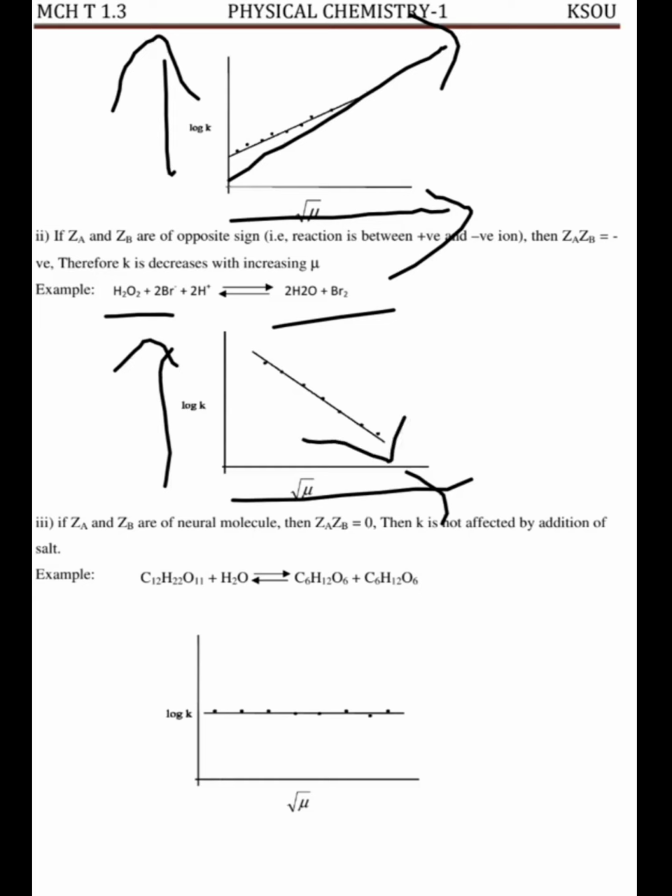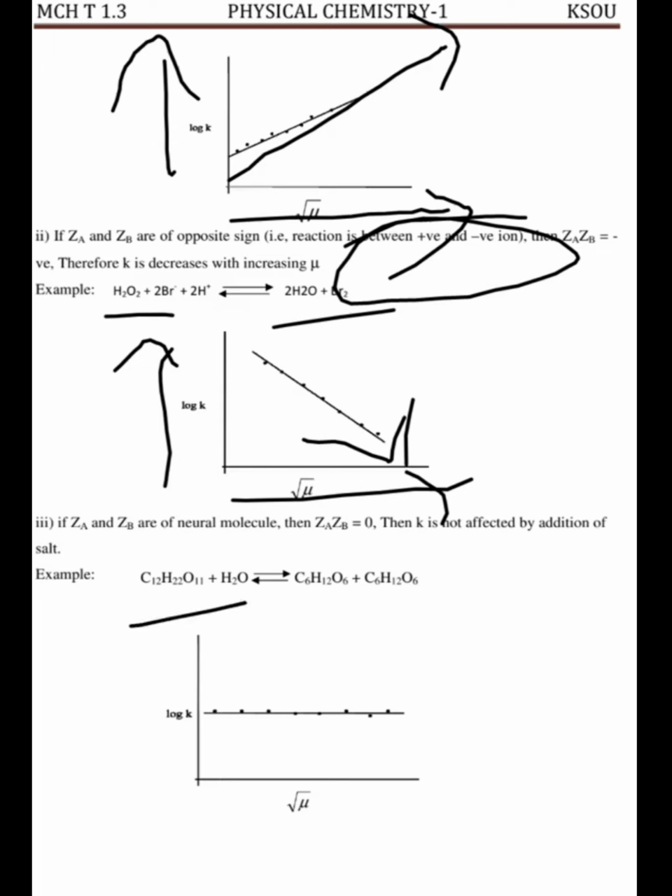You can see the ionic strength of the solution is decreased while having two different ions, one positive and one negative in the molecule. Hydrogen peroxide is positive, whereas bromine is negative. So the plot shows the ionic strength of the solution decreases.